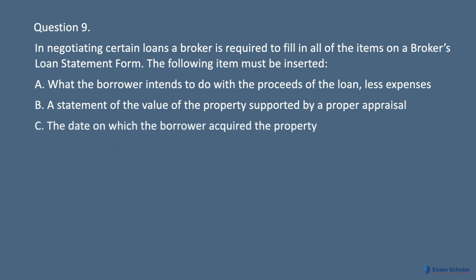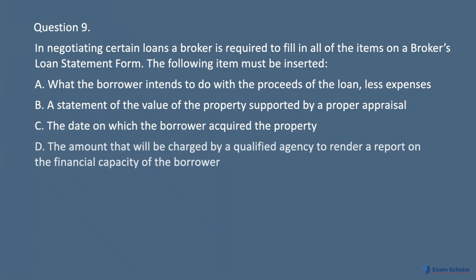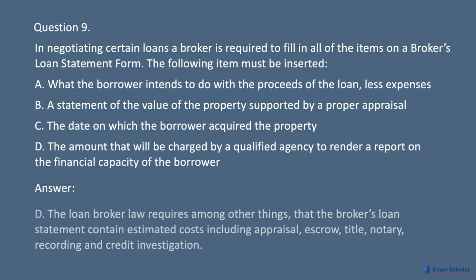C. The date on which the borrower acquired the property. D. The amount that will be charged by a qualified agency to render a report on the financial capacity of the borrower. Answer. D. The loan broker law requires, among other things, that the broker's loan statement contain estimated costs including appraisal, escrow, title, notary, recording and credit investigation.